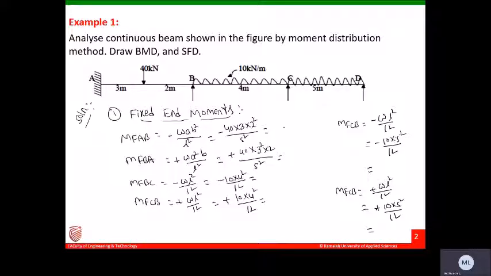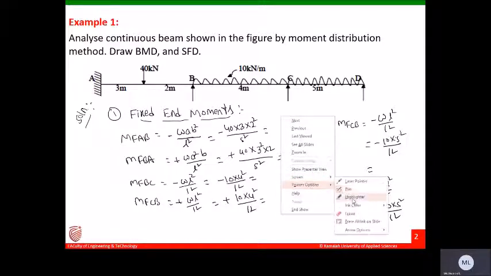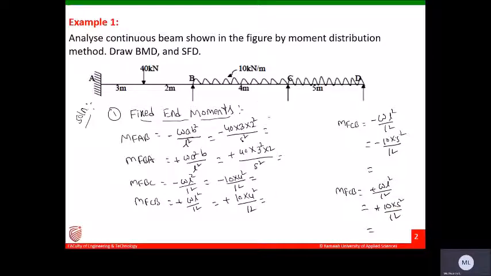We will write in another color, you can select another color and write it out. How much will you get?